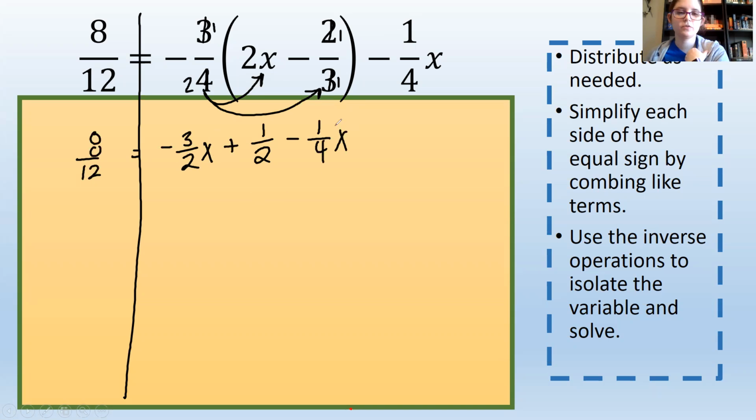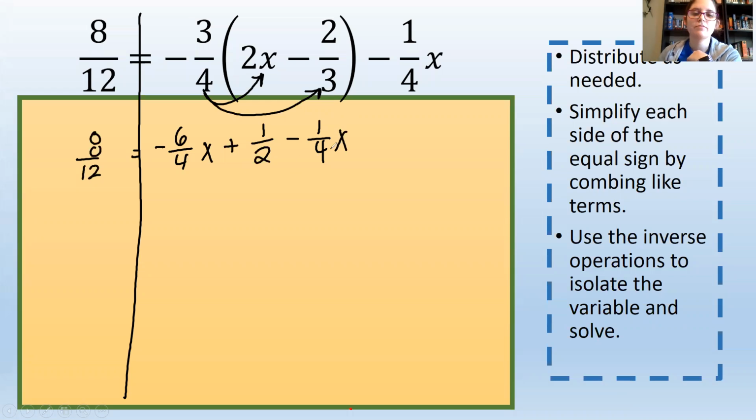So I'm looking for things to combine, and I see that I made a mistake simplifying this first one, because to combine with the 1/4, I'm going to have to change my denominator. So I'm just going to erase this and remultiply. So it's 3 times 2 gives me 6/4, and that's a negative.